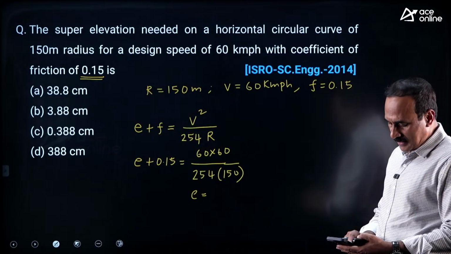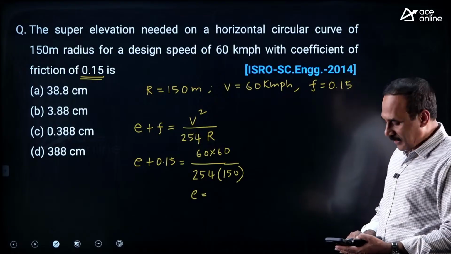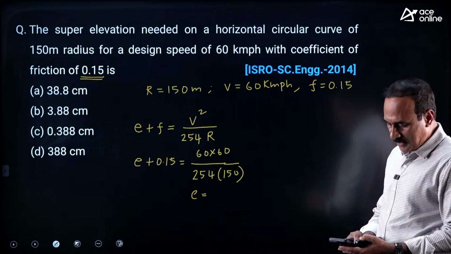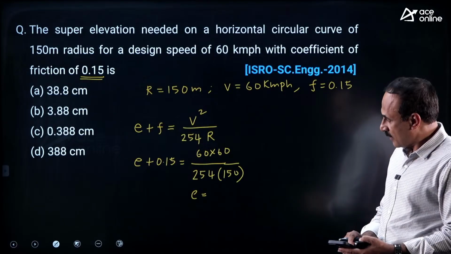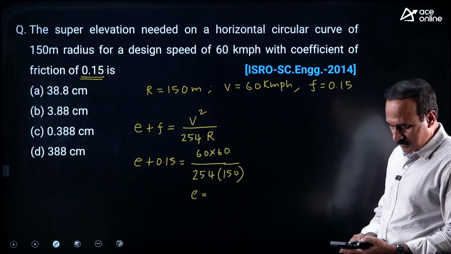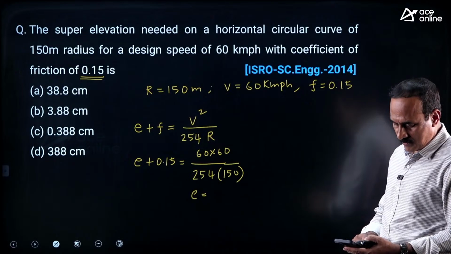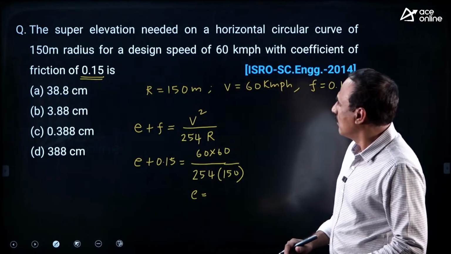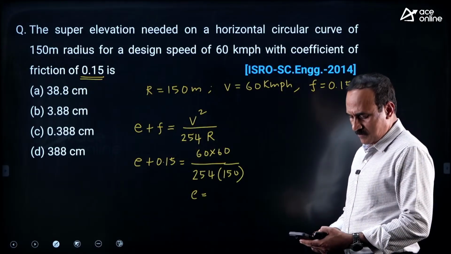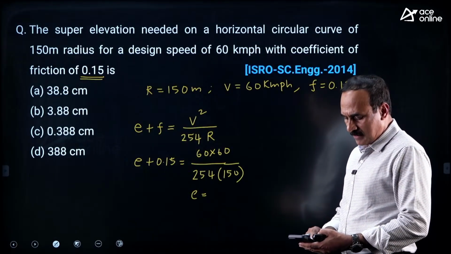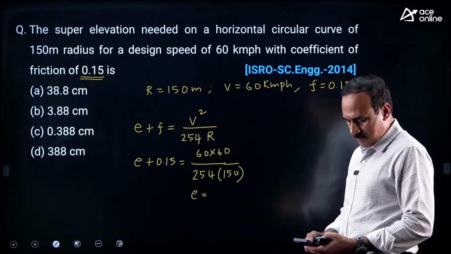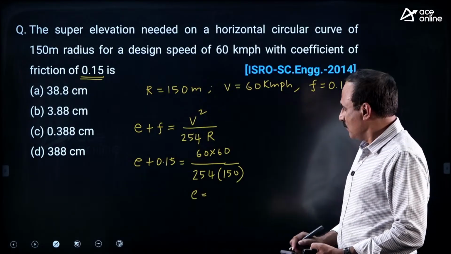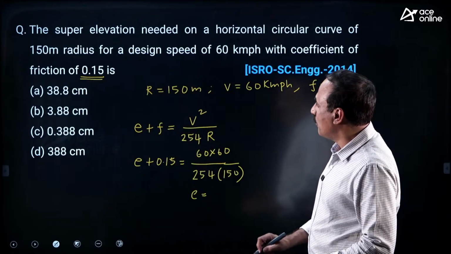So 60 into 60 divided by 254 into R, where R is 150. Any answer? 0.055.